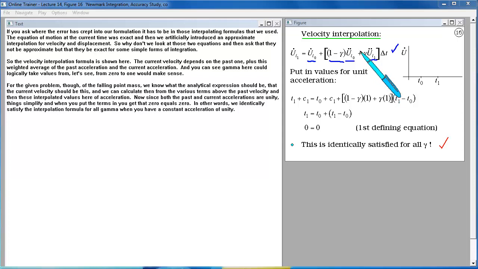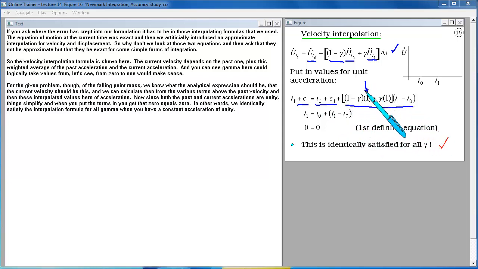For the given problem, though, of the falling point mass, we know what the analytical expression should be, that the current velocity should be this, and we can calculate then from the various terms above the past velocity and then these interpolated values here of acceleration.